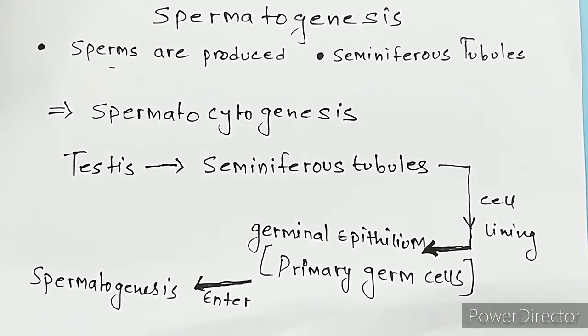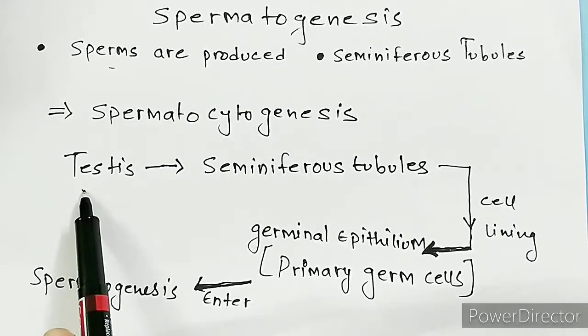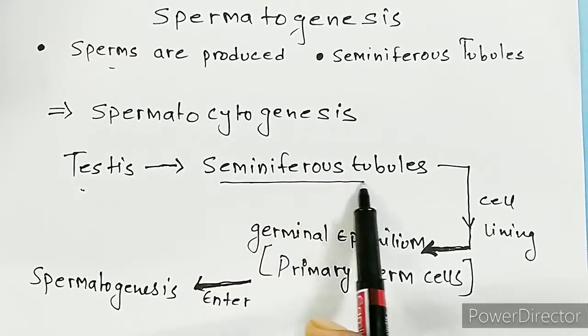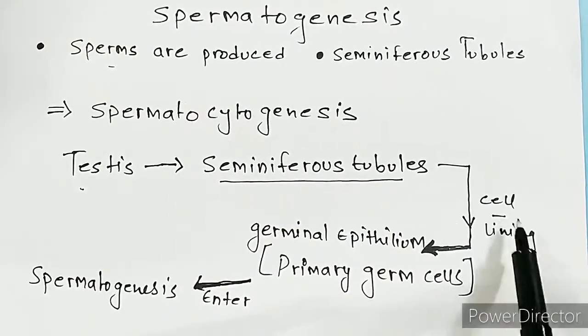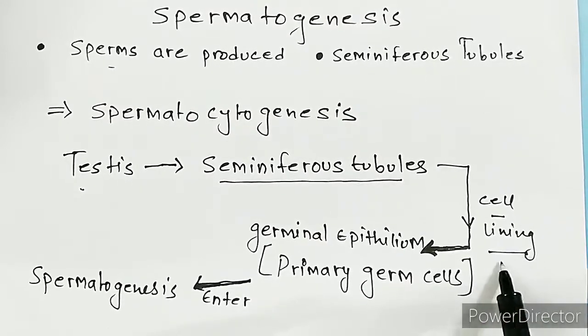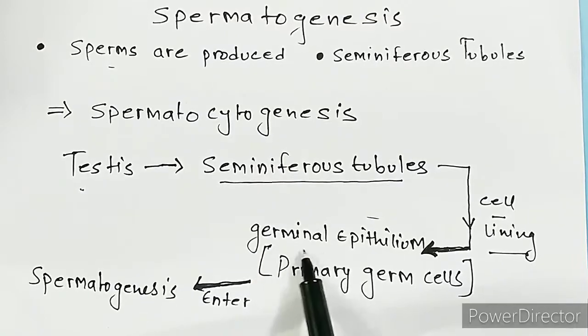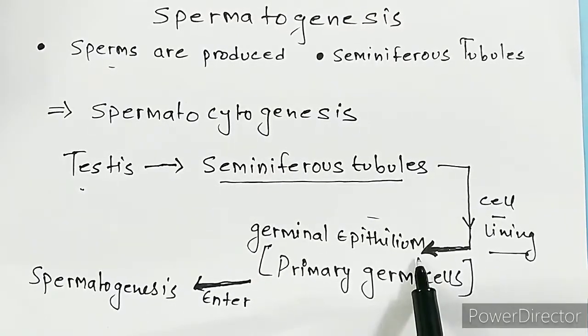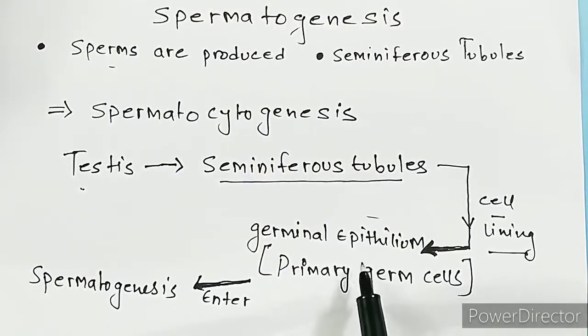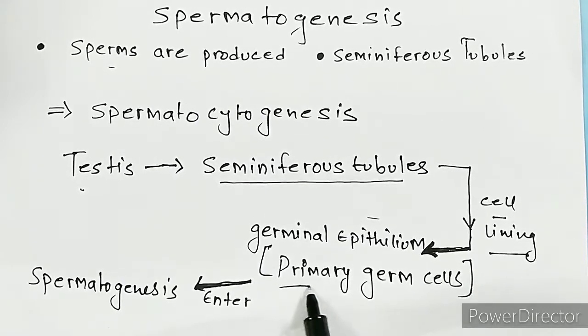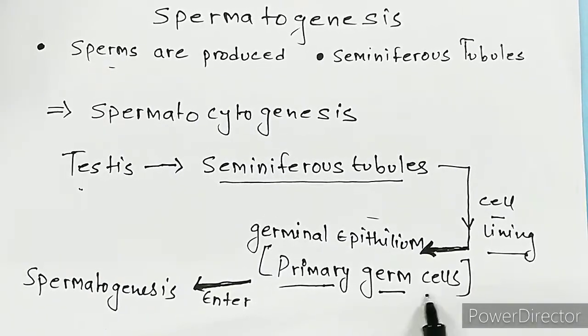How it's done is that in the testes, the seminiferous tubules contain a cell lining, composed of cells in the germinal epithelium, which contains cells known as primary germ cells.